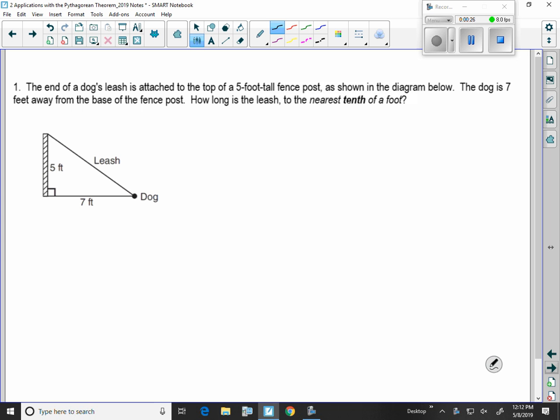It would make sense that if it's attached to the top, there's our distance. Okay? So we're going to set up Pythagorean theorem to solve for the length of the leash. The 5 and the 7 are our legs, right? And the leash is the hypotenuse.